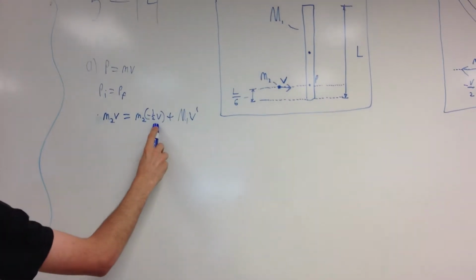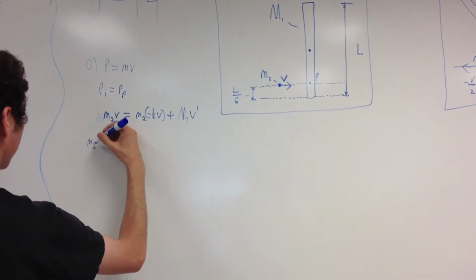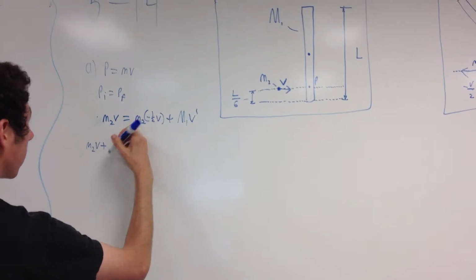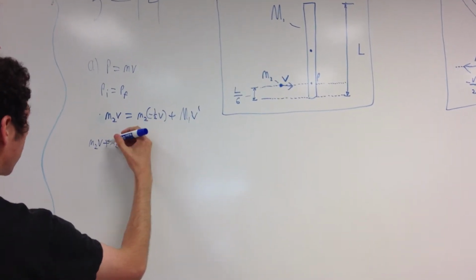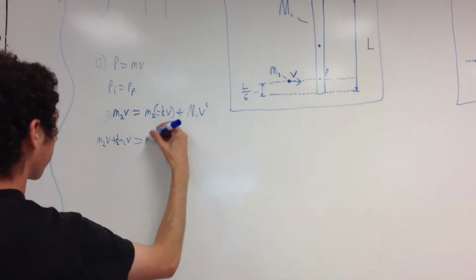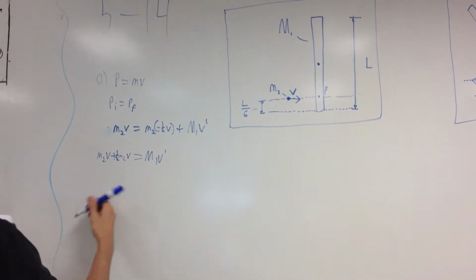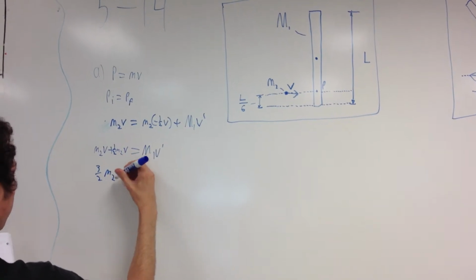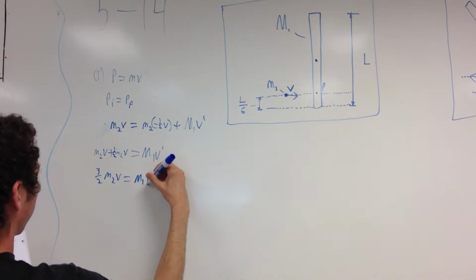So first I'm going to move this over here, and I'm going to get mass 2 times velocity plus mass 2 times velocity with the 1/2 out front. I'm going to add these two together, and I'm going to get 3/2 m2 velocity equals m1 v prime.